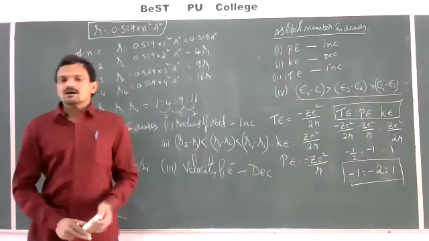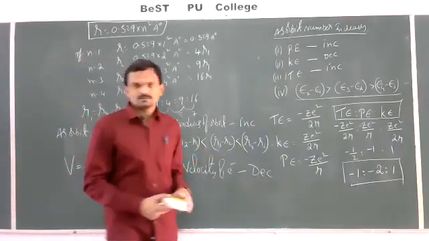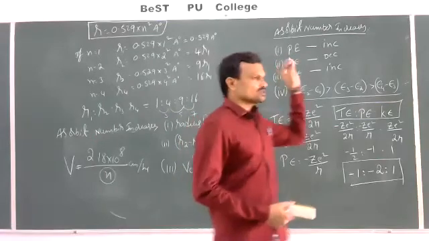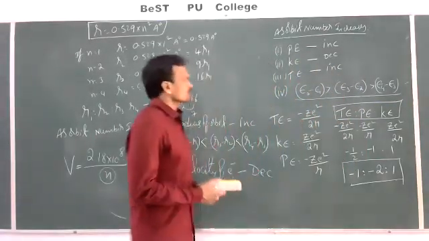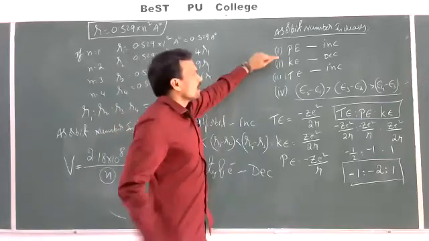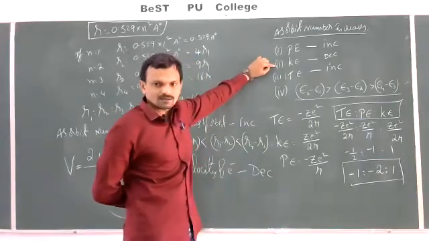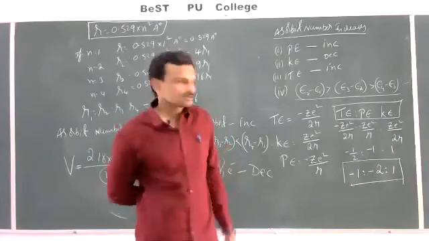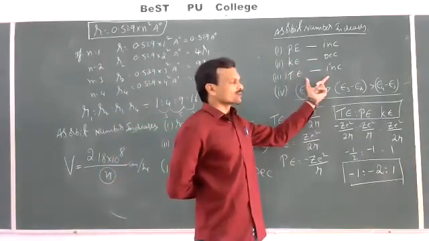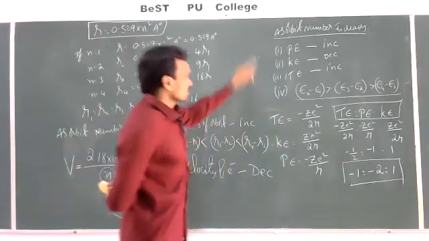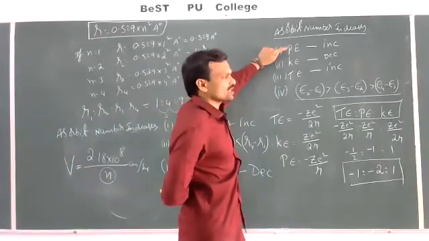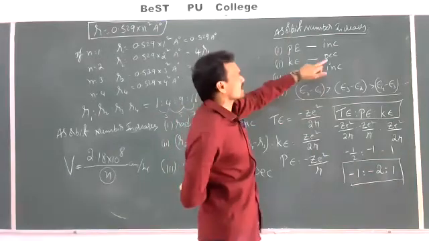As the orbit number increases, the potential energy of the electron increases, and the kinetic energy of the electron decreases. Total energy of the electron increases. Here, the increase in potential energy is double the decrease in kinetic energy.